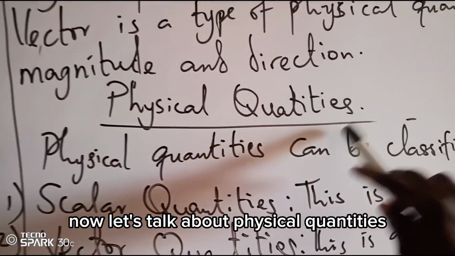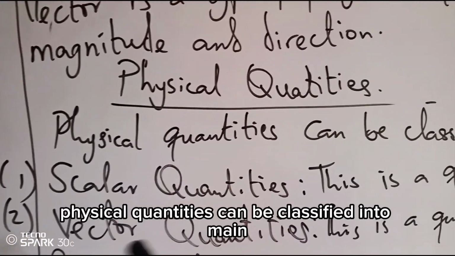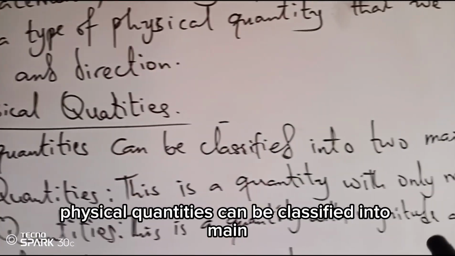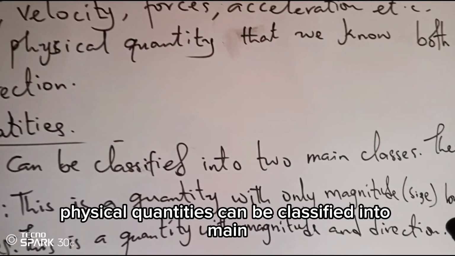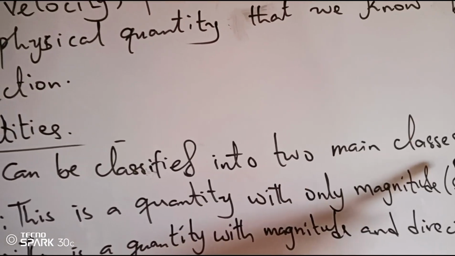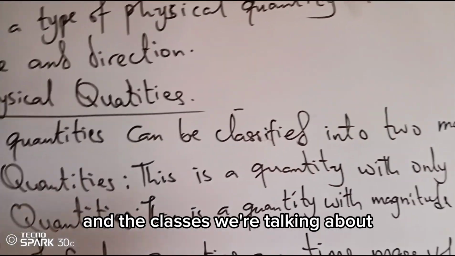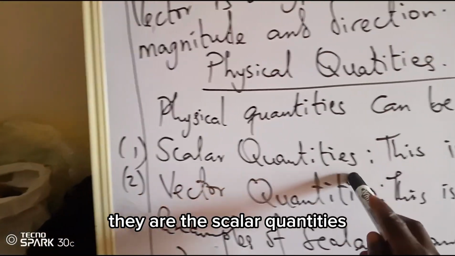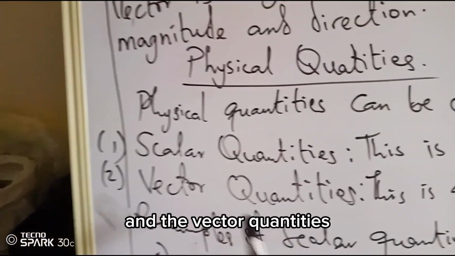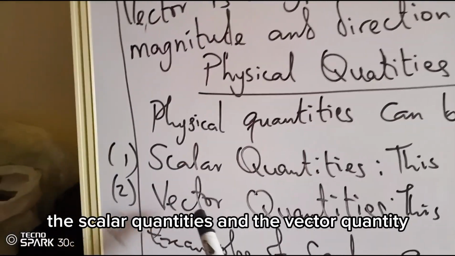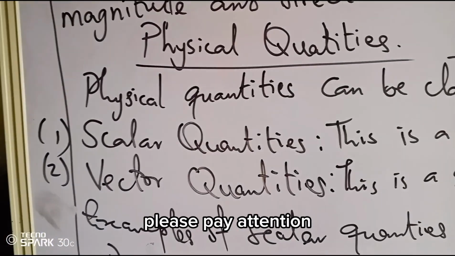Now, let's talk about physical quantities. Physical quantities can be classified into two main classes, and the classes we're talking about are the scalar quantities and the vector quantities. Please pay attention.